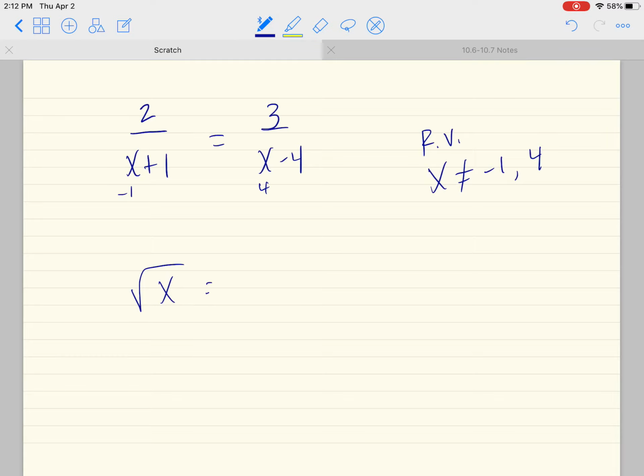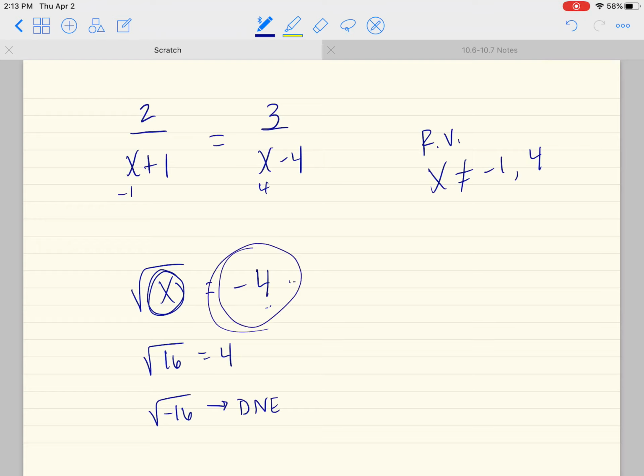Well, restrictions are definitely something that happen with square roots, because there are certain numbers that we can't take the square root of, right? So if I had the square root of x equal to, let's say, -4, is there any way I could square root a number and get a negative? It's not possible, right? If I took the square root of 16, I'm going to get 4. If I try to take the square root of -16, that doesn't exist, right?